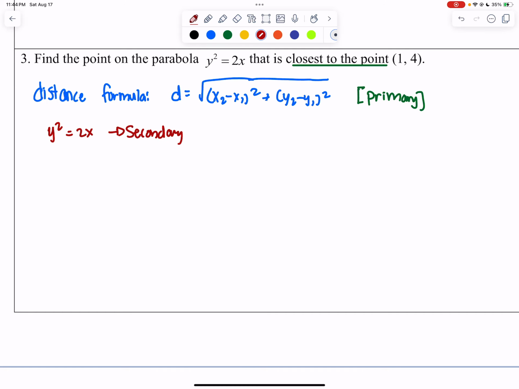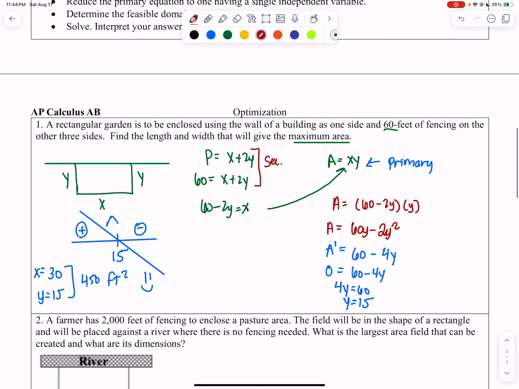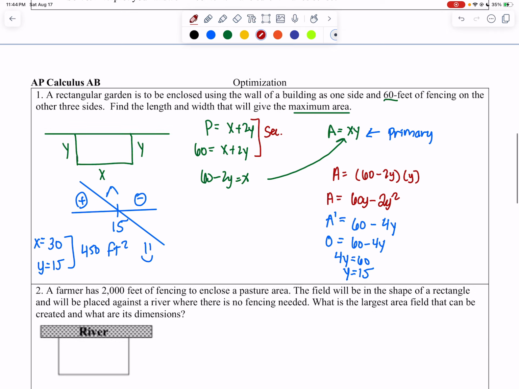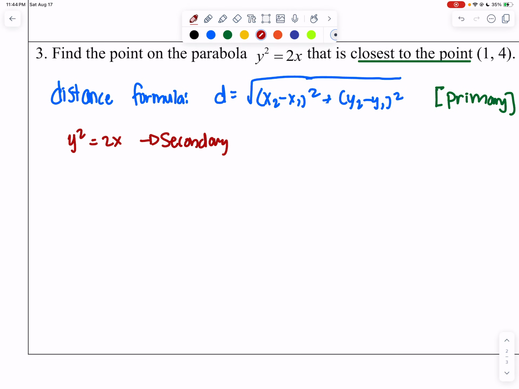And recall, just like how we did number 1 right here, we're going to use our secondary equation to solve for a variable so that we can substitute it into my primary equation. So looking at our secondary equation, it's going to be easy for us to solve for x. So that's what I'm going to do, and then I'm going to plug that into my primary equation.